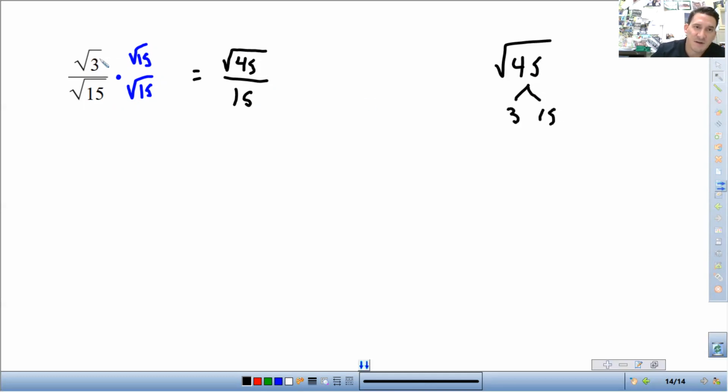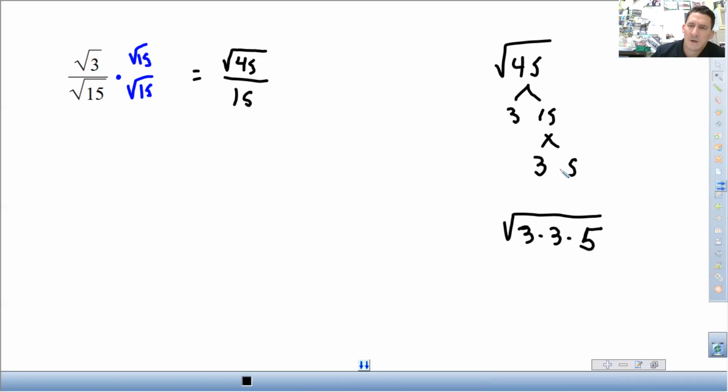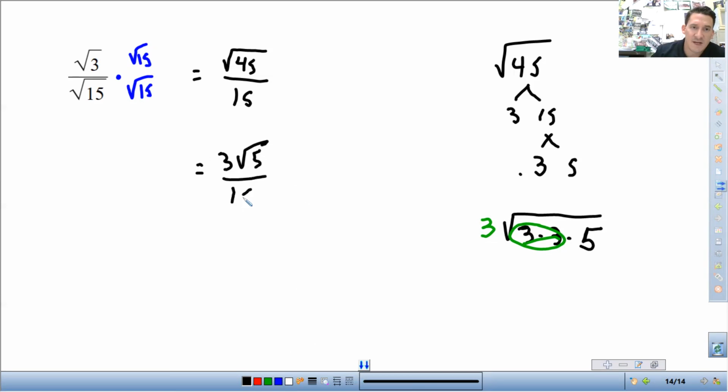I probably should have just left it as 15. Anyway, 15 is 3 times 5. So to simplify that, I get 3 times 3 times 5. Pair of 3s, 1 on the outside. So this is 3 root 5 over 3.